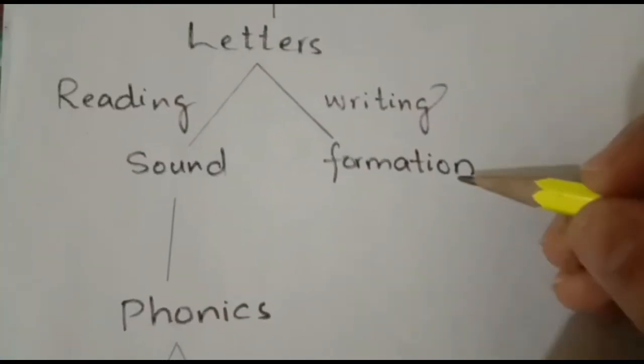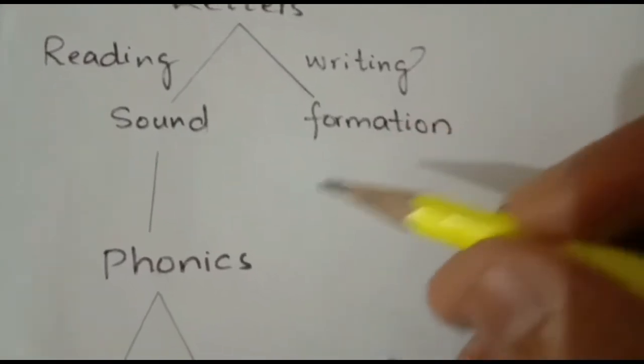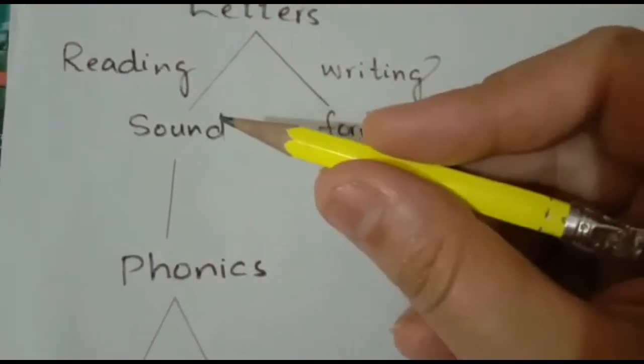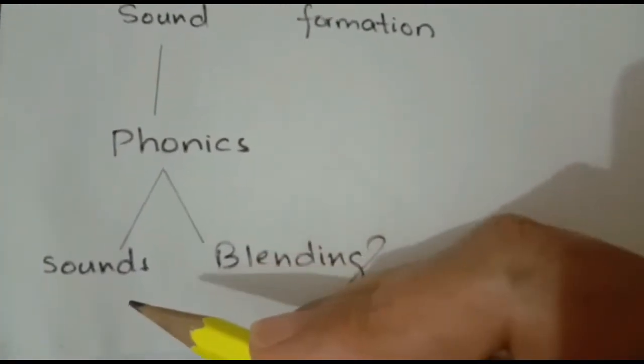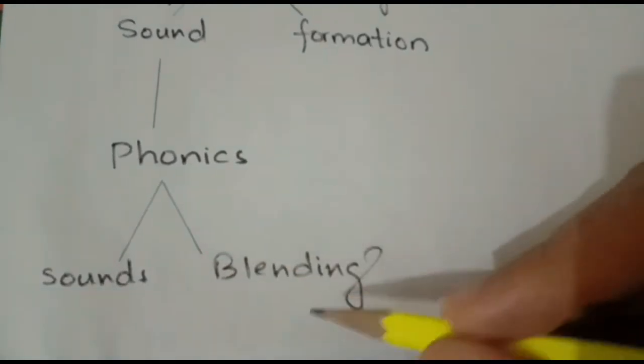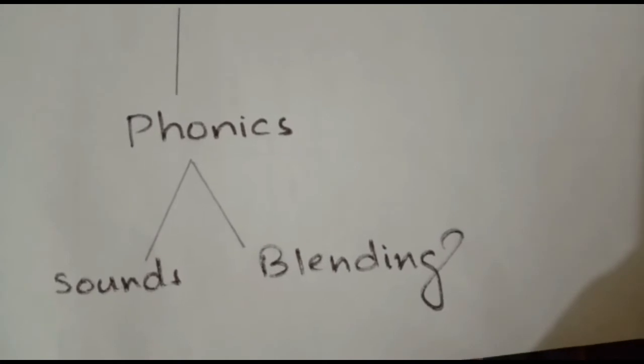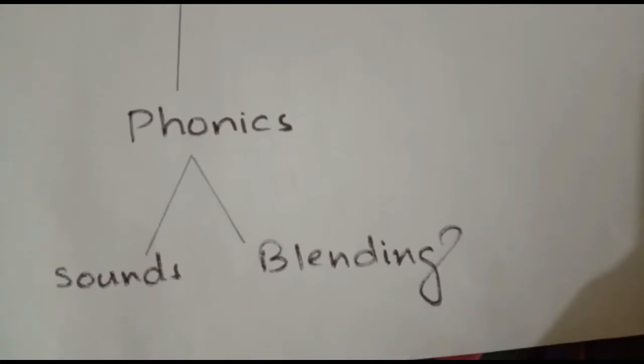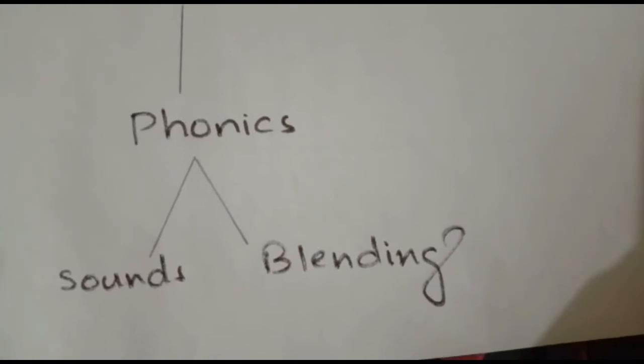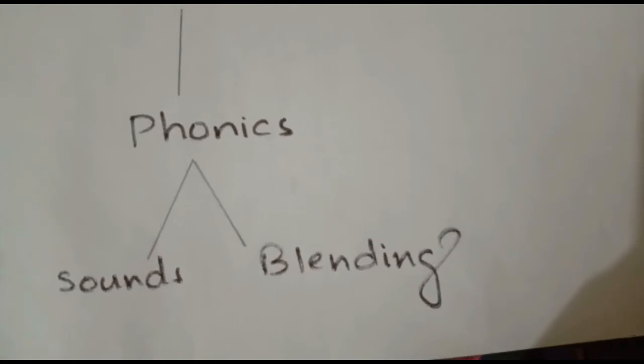In English we use the phonic method for reading, and it has two parts: sounds plus blending. When we want to read any word, we will use this phonic method. So let's start the lecture.